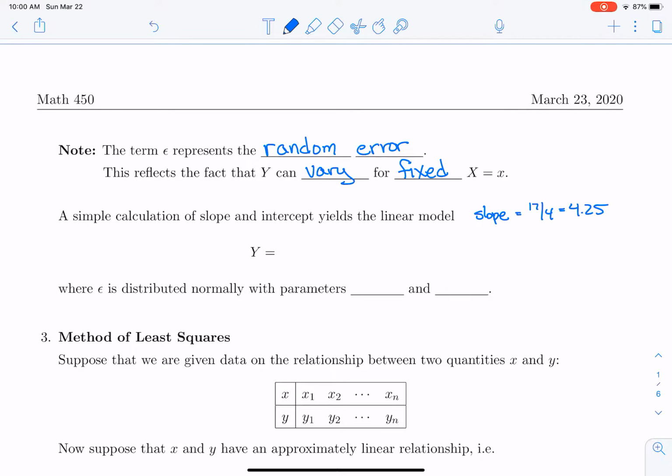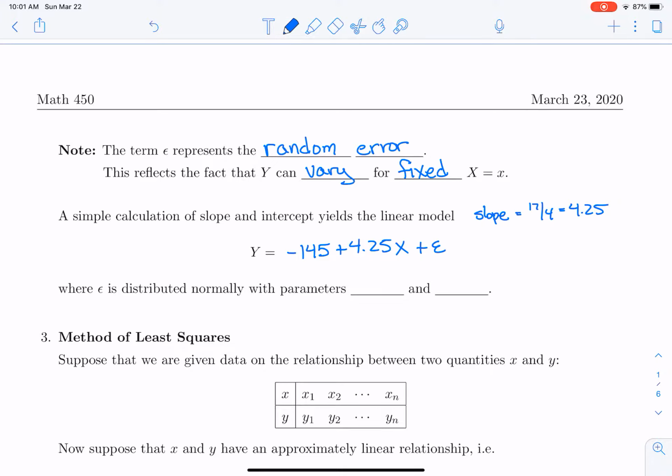We can find the intercept by just taking 2 of those points, only because they're regularly spaced. Calculating slope and intercept, we would find that y would be minus 145 plus 4.25 times x. That would be the line that best fits the data, plus there would be some epsilon to account for, again, the fact that y can vary for any fixed x.